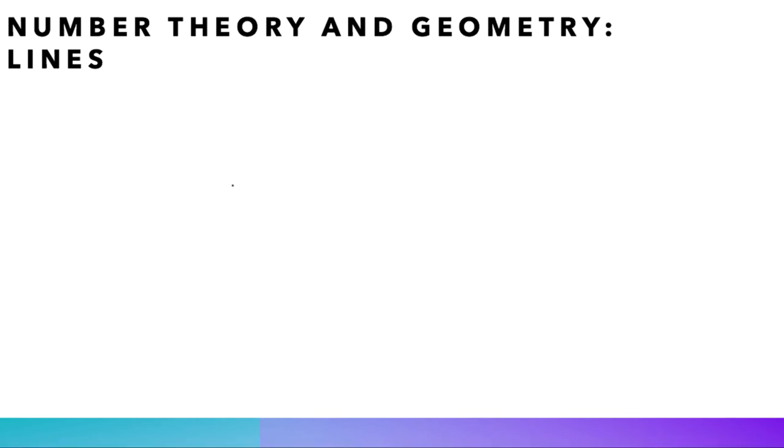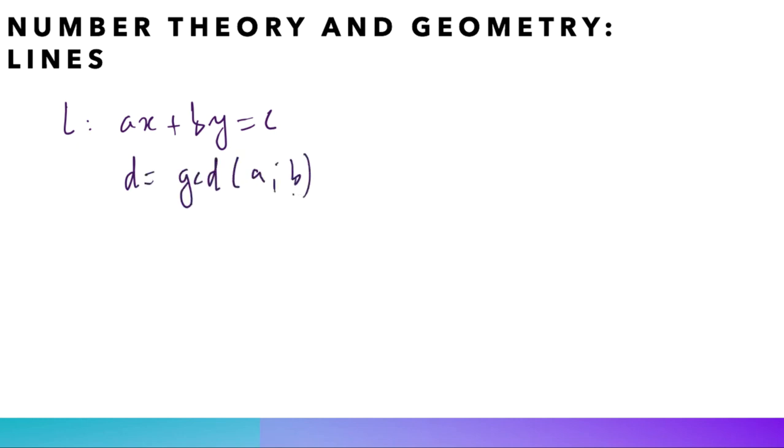More generally, if L is a line defined by an integral equation ax + by = c, where a, b, and c are integers, then if we denote by d the GCD, greatest common divisor, of a and b, we can show easily that if d does not divide c, then L does not contain any integral point.